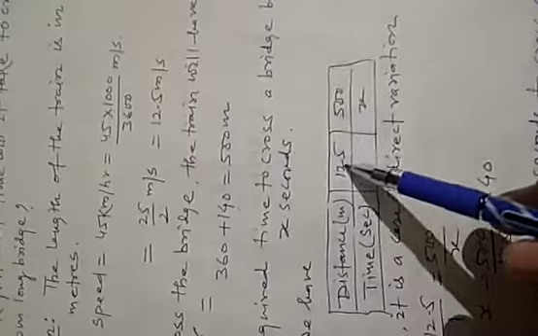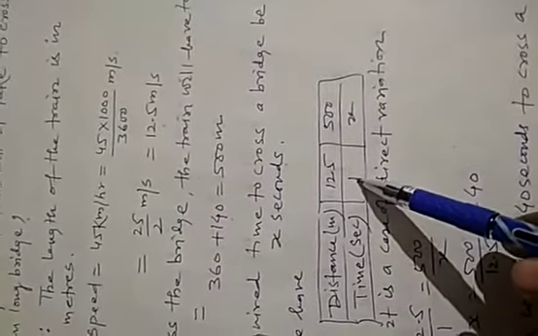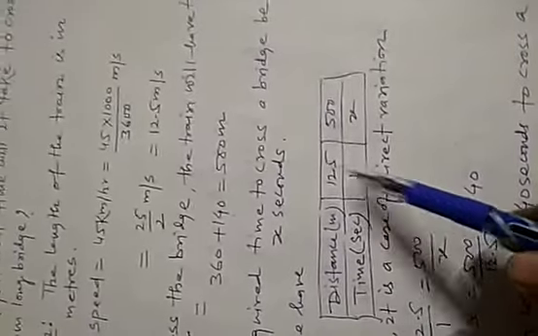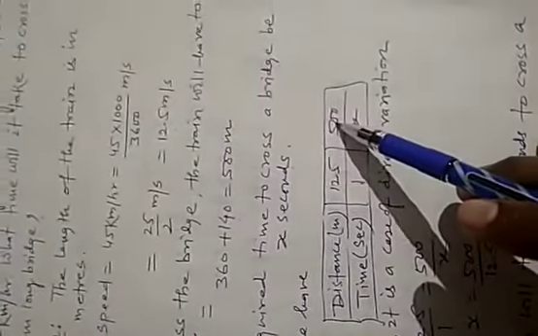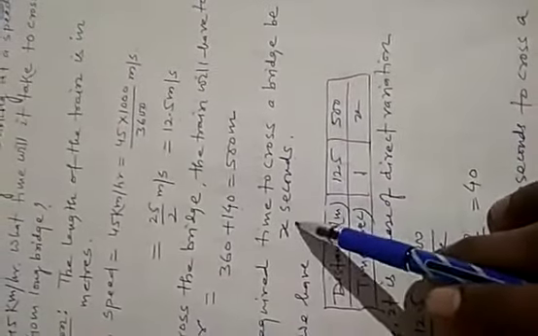Then we have distance 12.5, time taken in second 1 second, and total distance 500 meter. Time taken to cross the bridge x second we suppose.